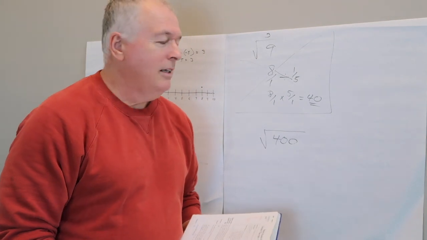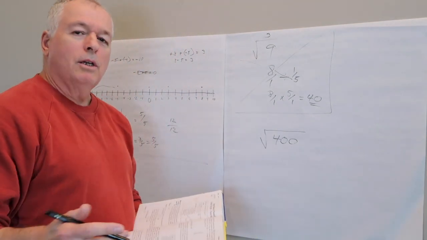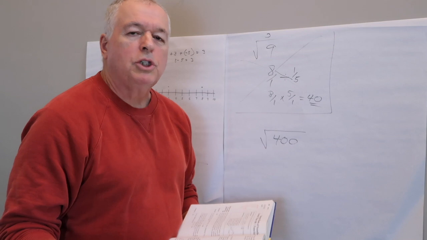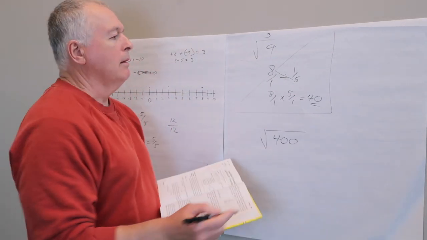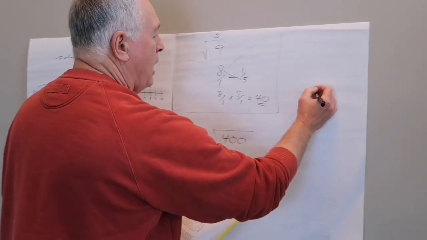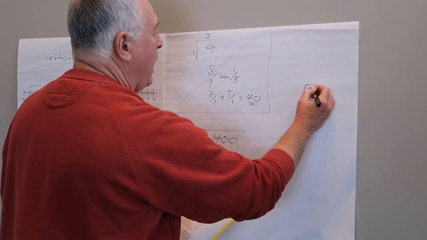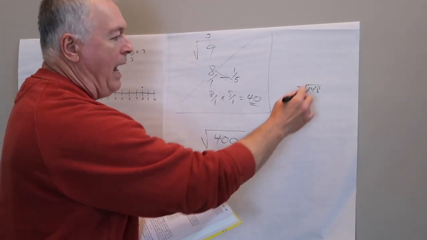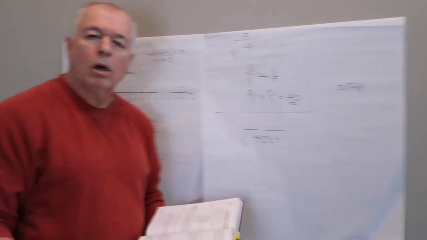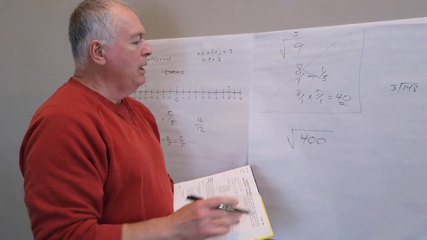Yes, you can. You might have to do a little checking to see if something works, just like some division problems. You might get a big number like 148 and want to see how many times 3 will go into that. You've got to do the work. And here it's going to be no different.